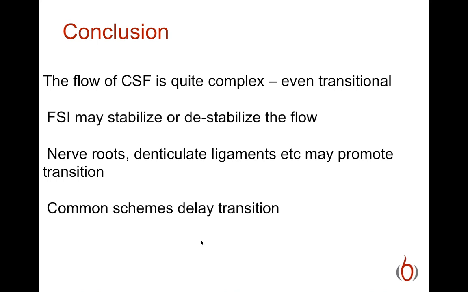I can hear you. I think Georgie was asking what neural structures, what actual anatomy, are near these places where you're seeing this kind of transitional flow. So in the first study, there was no syrinx there at all, and we didn't include any nerve roots or things like that.